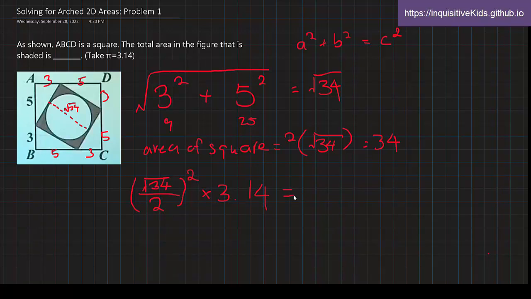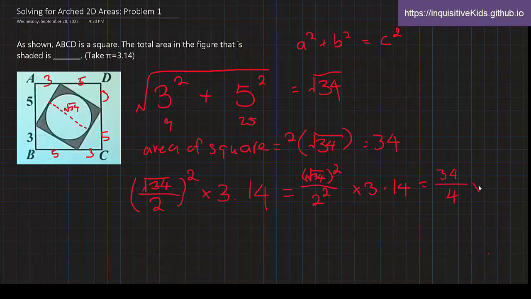So first we want to get rid of the square root, right? But since it's already being squared, especially on fractions like this, it's equal to the numerator being squared and the denominator being squared, times 3.14. So the top of the fraction becomes 34, the bottom becomes 4.